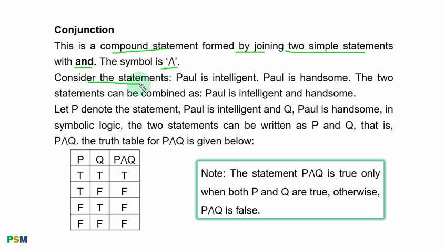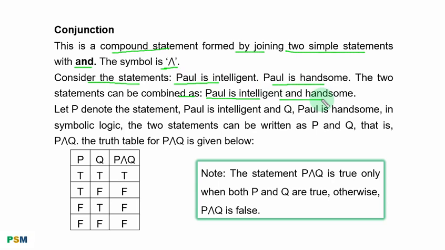Consider the statements: Paul is intelligent. Paul is handsome. The two statements can be combined as Paul is intelligent and handsome. That means Paul is intelligent and handsome at the same time.